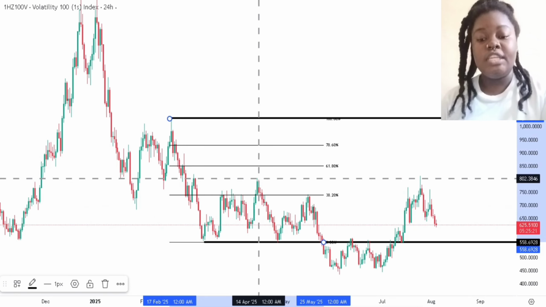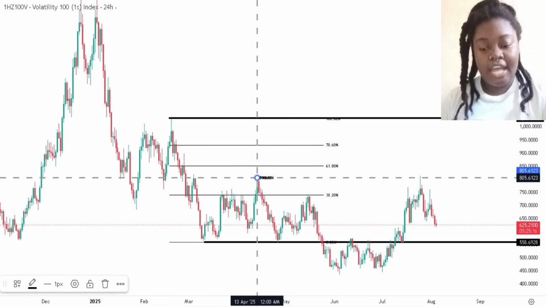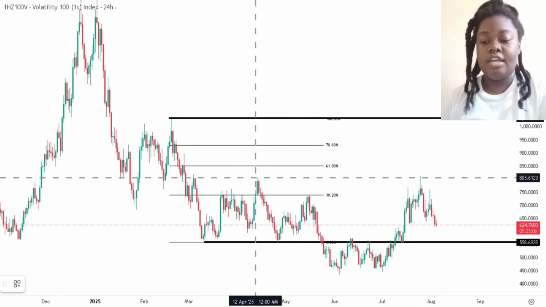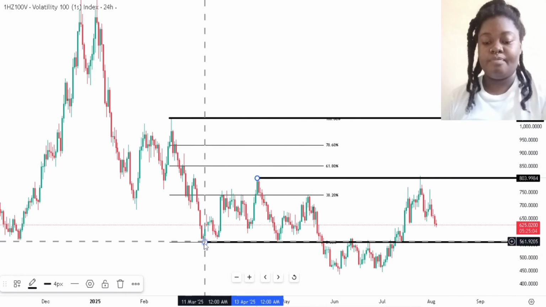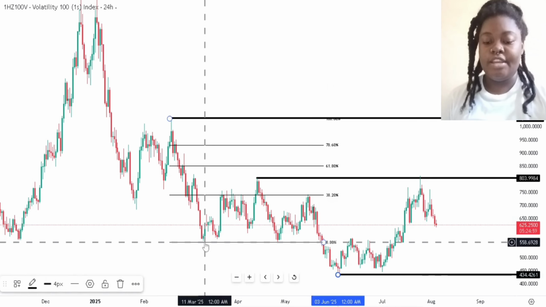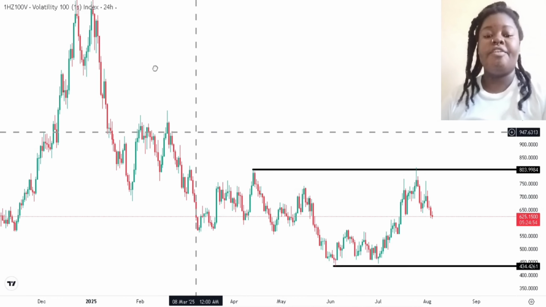So this point right here, it's not this high, it's not this high. This is the highest point within this internal structure for our next internal structure. All right, so it's going to be right here, and the start of the pullback happened right here. So this is how we're progressing.